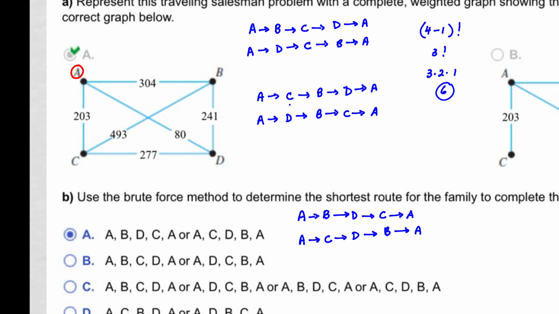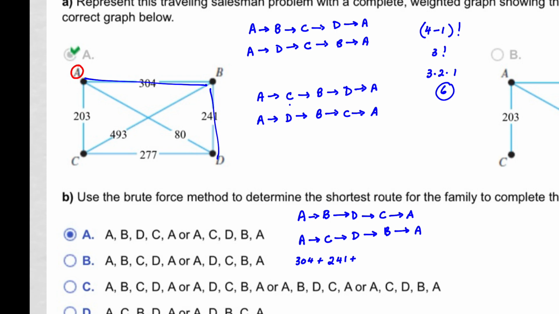So let's start with this group down here. We're going from A to B, that's 304. B to D, that's 241.